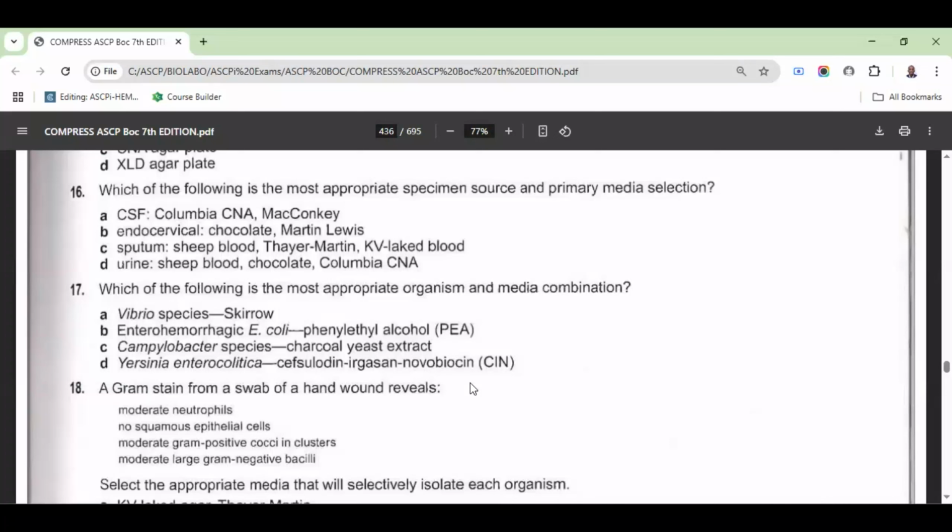B. Endocervical for chocolate and Martin Lewis. Anyone else? We'll explain why. Okay, if that one is going to be considered. Anyone else?